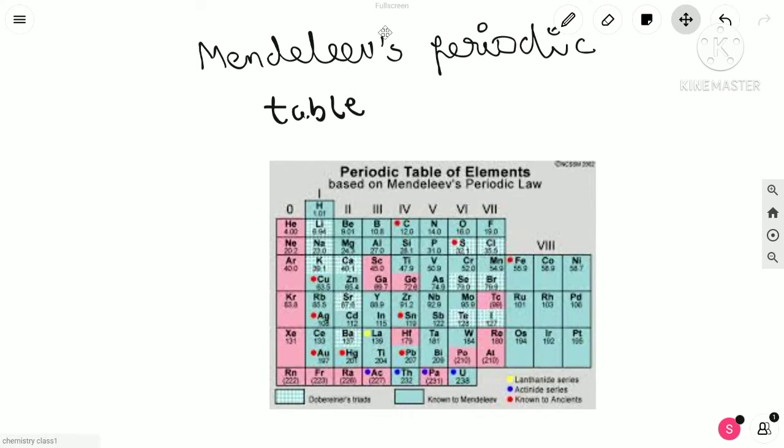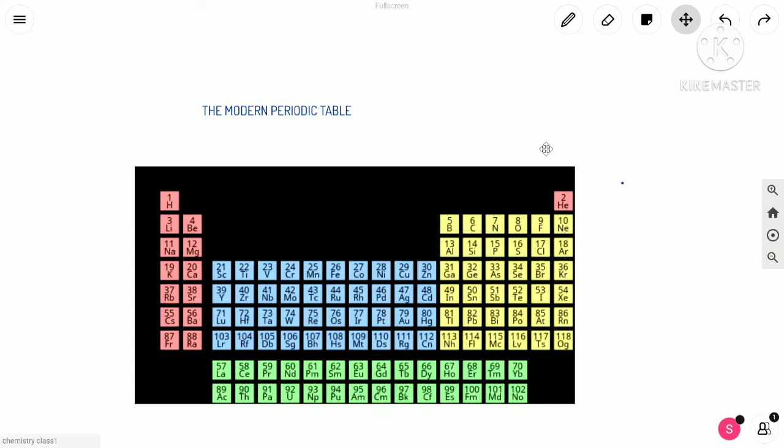Dmitri Mendeleev has an important role in the formation of the modern periodic table. And this is the modern periodic table. You can see it really well. There are a bunch of elements here, and you can recognize some of them: hydrogen, helium, lithium.